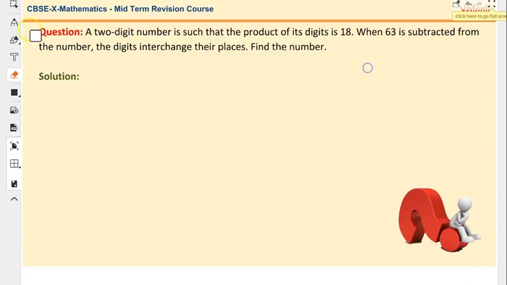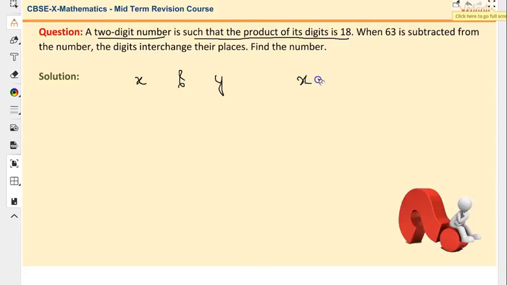Now let me say I have a two-digit number and my digits are x and y. What they are saying is that the product of these digits is 18. So if I multiply x and y, I get 18.